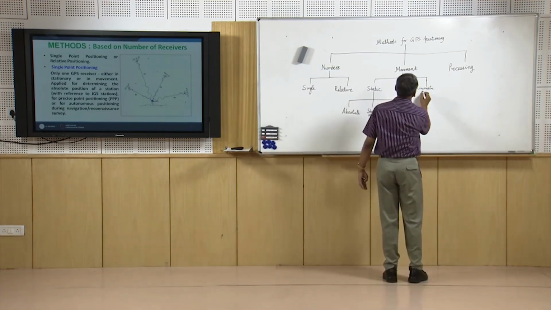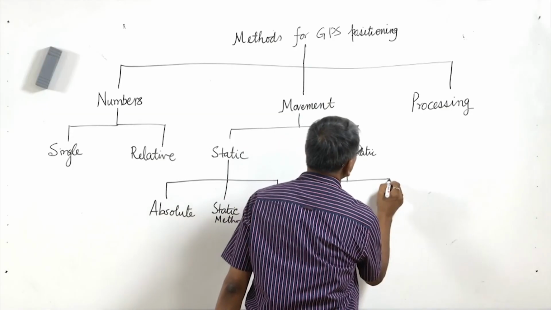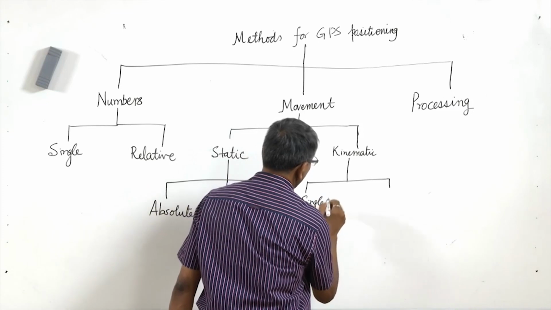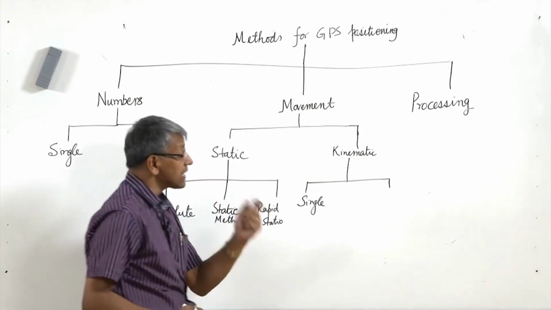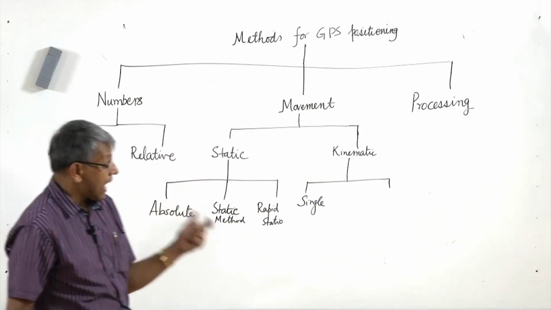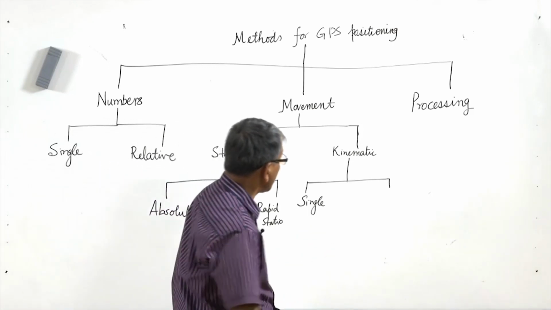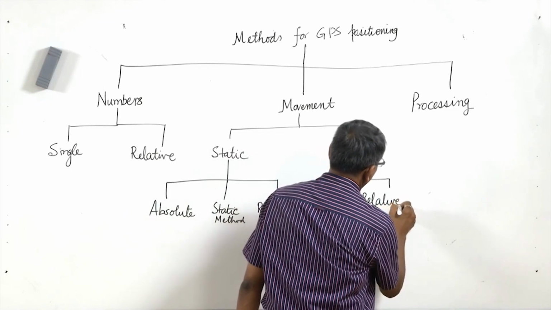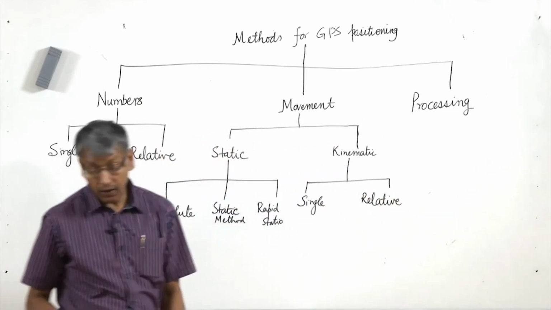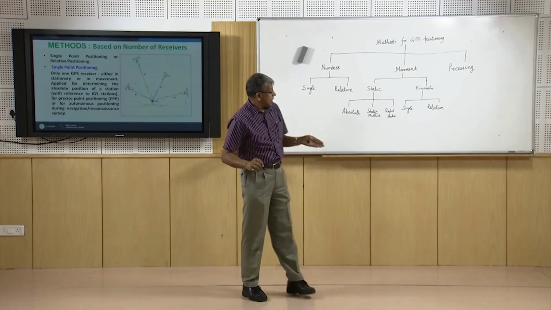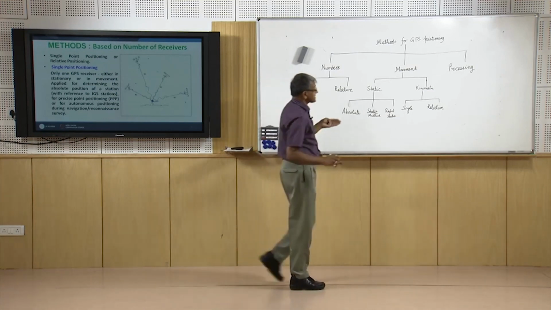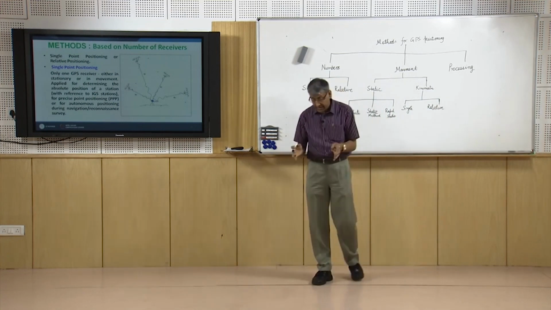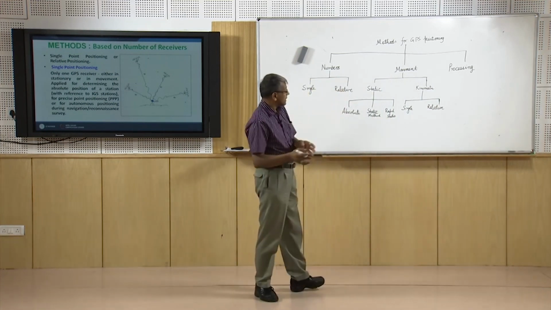And under kinematic there may be two types. One is called single kinematic, where a single receiver will be used and that will be in movement condition, and the other is relative kinematic, where there will be at least two receivers, of which one will be in a static condition and the other will be in a kinematic condition.